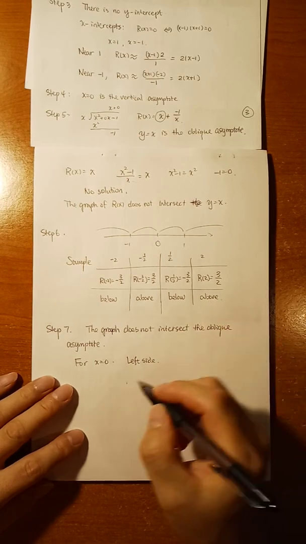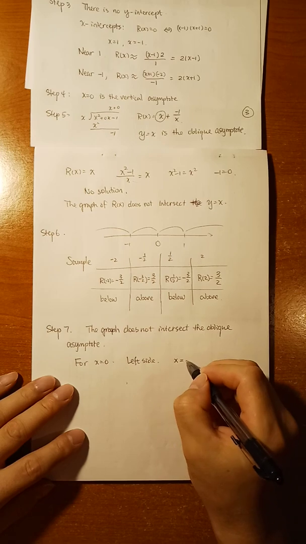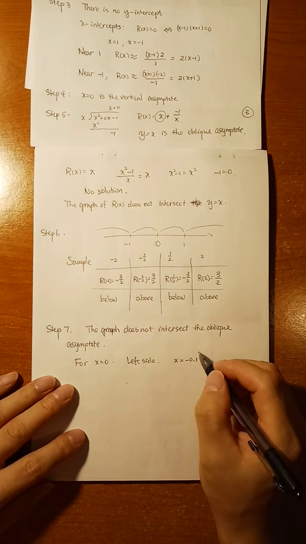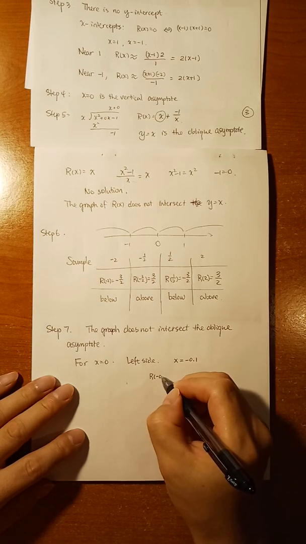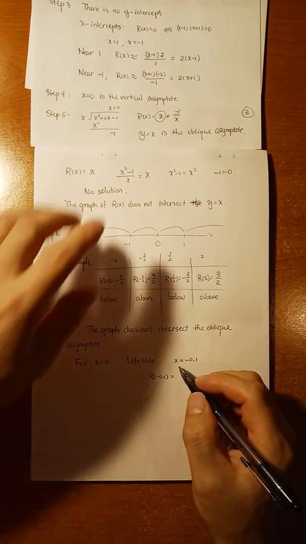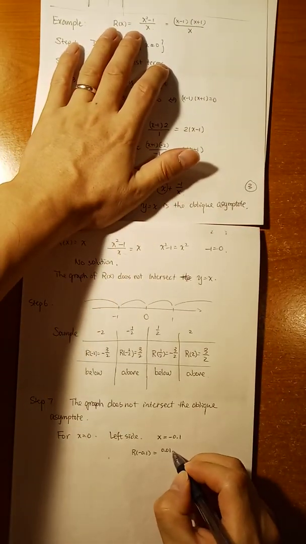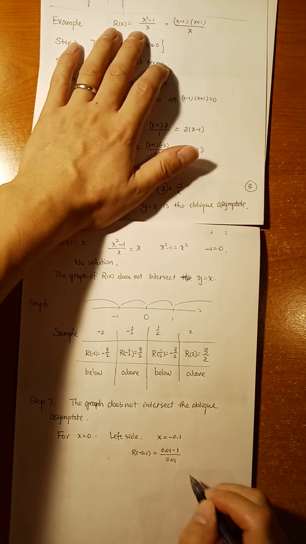let's check. The left side, let's pick x equal to -0.1. Then r of -0.1 is, you see, -0.1 squared is 0.01, minus 1, over -0.1.